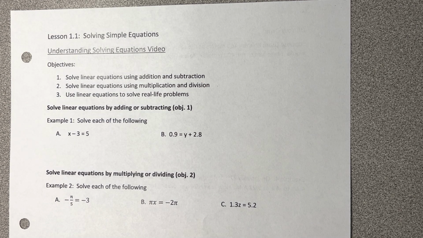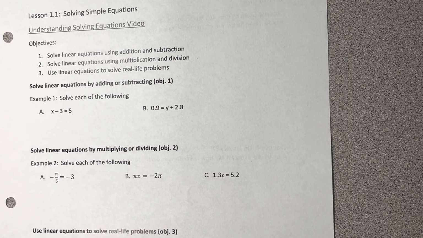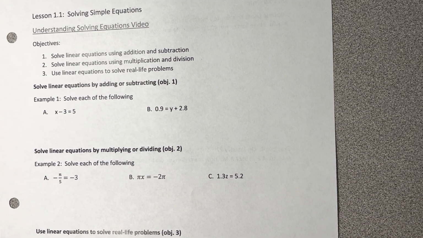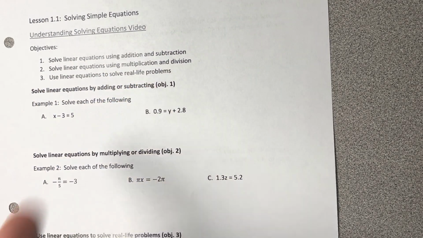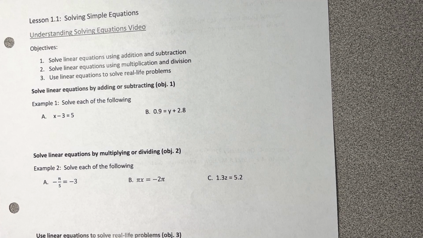So we've got 3 objectives today. One is to solve linear equations using addition and subtraction. Again, one-step equations, right? Objective 2 is solve using multiplication and division. And then we're going to do some word problems. Just a heads up on the word problems, a lot of you can make sense of it just in your head and be like, oh yeah, just grab your calculator real quick and punch the numbers in and you're done.